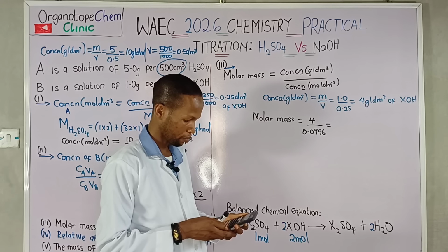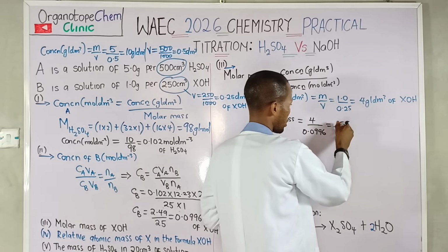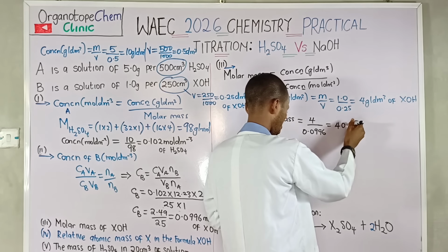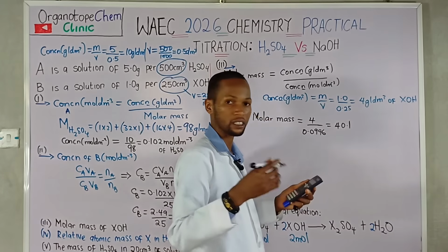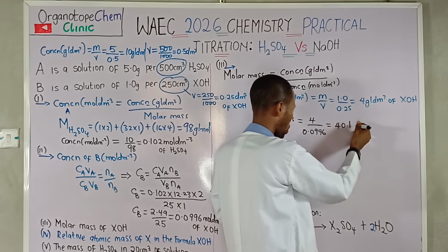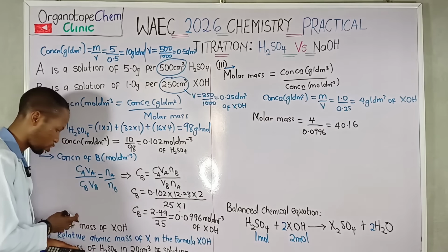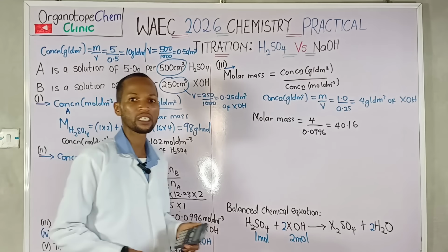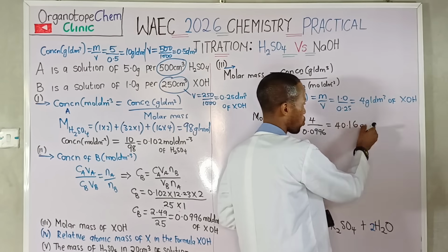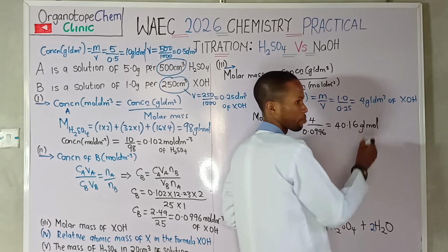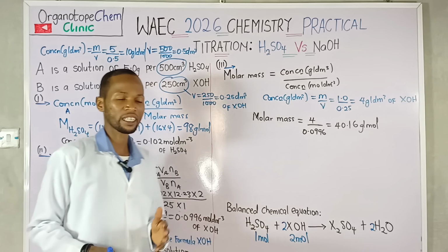We have 40.160. So we can have it as 40.16, okay? Since it was stated in the question that we should find the molar mass, we need to state the units, which is what? Gram per mole. Make sense? Can we consider the next question?